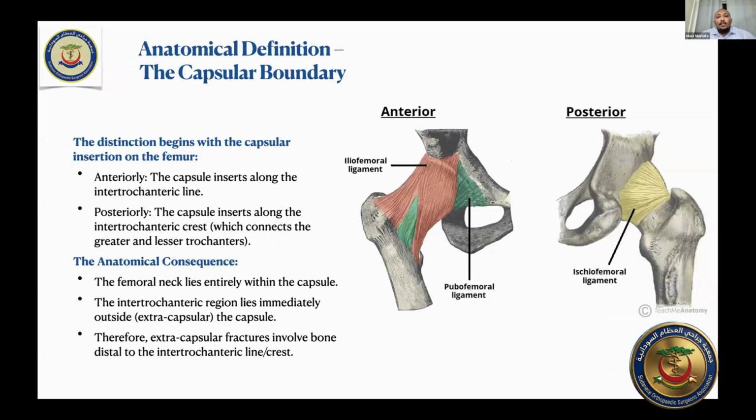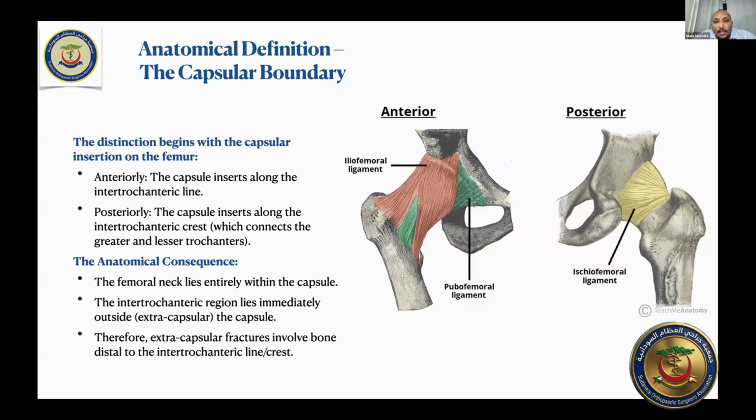To understand the intertrochanteric fracture, or to distinguish intracapsular from extracapsular fracture, we must know the anatomy of the capsule, which is attached anteriorly to the intertrochanteric region and posteriorly 1 centimeter proximal to the intertrochanteric crest.